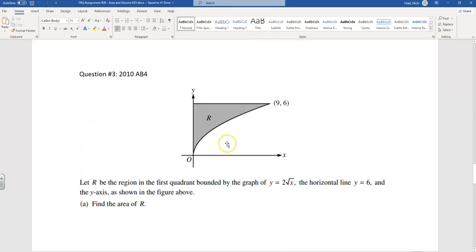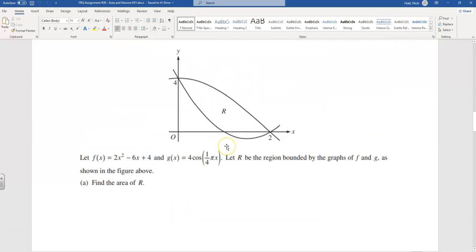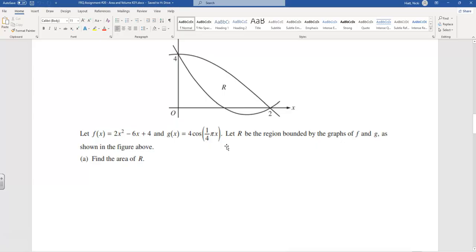Alright, so for this one right here, we're just doing integral of the top function minus integral of the bottom function, but I do need to know which one's top and bottom, and they did not label these for me. However, if I'm trying to figure this out, what shape do I have for 2x squared minus 6x plus 4? It's a quadratic.